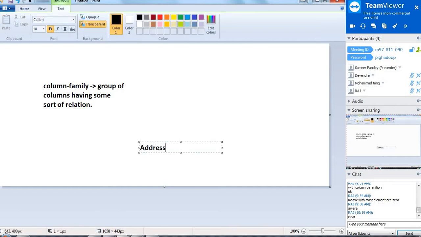Address line 1, then street, city, zip code, and a lot of other things. I'm telling just a few.